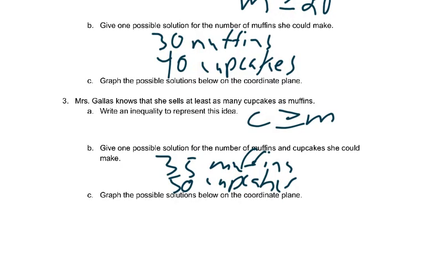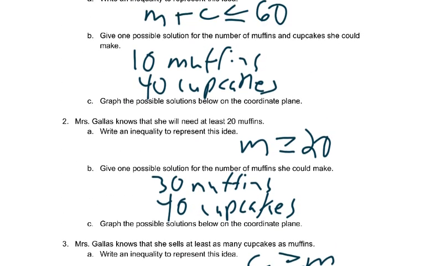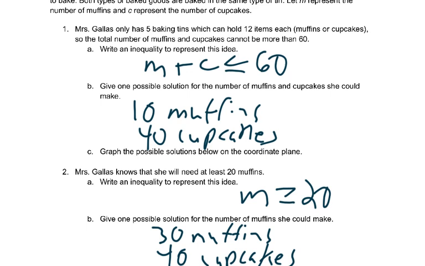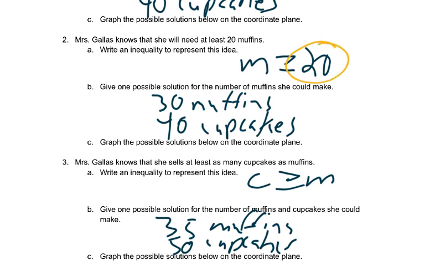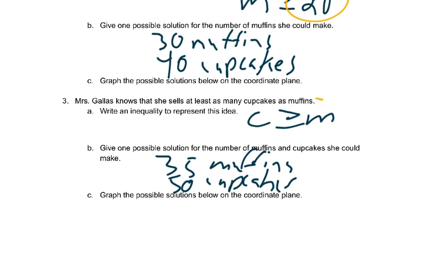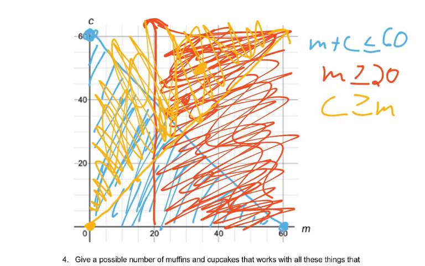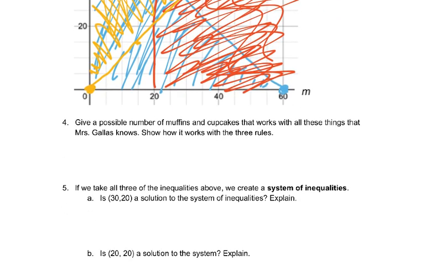So now those are all of our 3 constraints. So we have the total number of items can't be more than 60. We have to sell at least 20 muffins, and the cupcakes have to be the same as the muffins or higher in terms of their sales. So there's our graph.